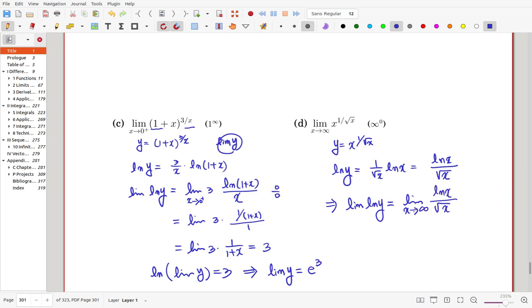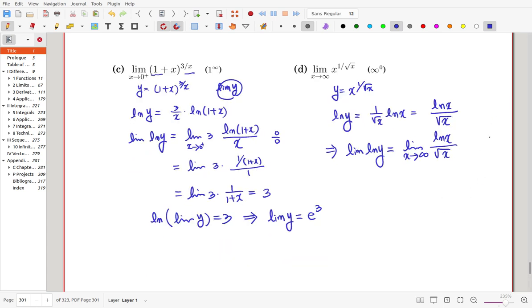Now as x approaches infinity, this goes to infinity and also the bottom goes to infinity, so that this term is infinity over infinity shape. So we can use L'Hopital's rule. Okay, so here the same limit, and that is 1 over x, and bottom x to the half, so half will come out, and x to the minus half.